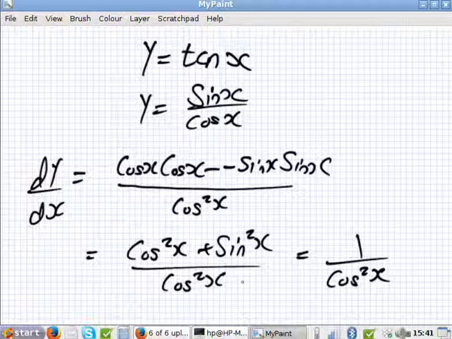What's cos squared plus sine squared? 1 over cos squared x. Cos squared plus sine squared is 1, as you learned in semester 1. It hasn't changed in the trigonometry chapter. You forgot this? Yeah, it's a problem.